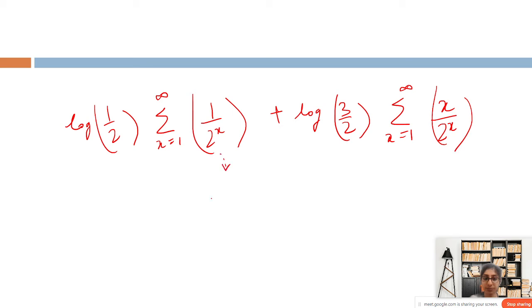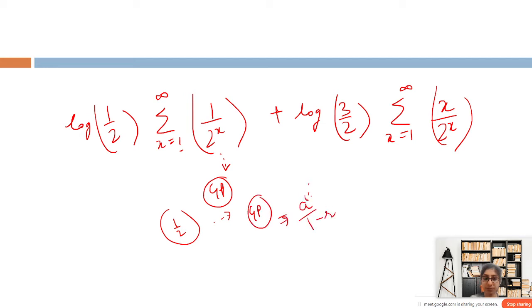So if you see here, this is a GP series. How? If you put the first term as 1, then it will become 1 by 2, and it is going till infinity. I know the formula for the infinite GP series, that is a upon 1 minus r, where a is my first term and r is the common ratio.